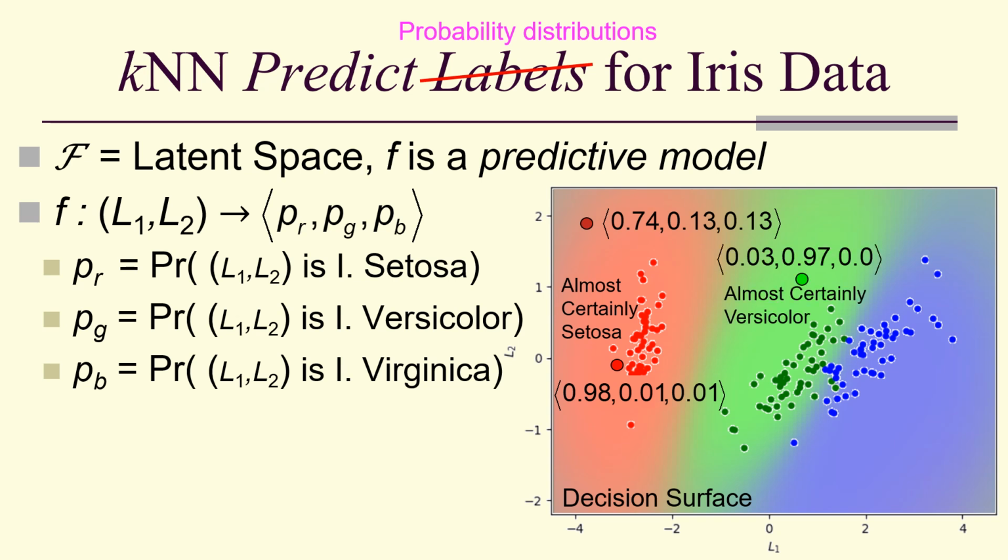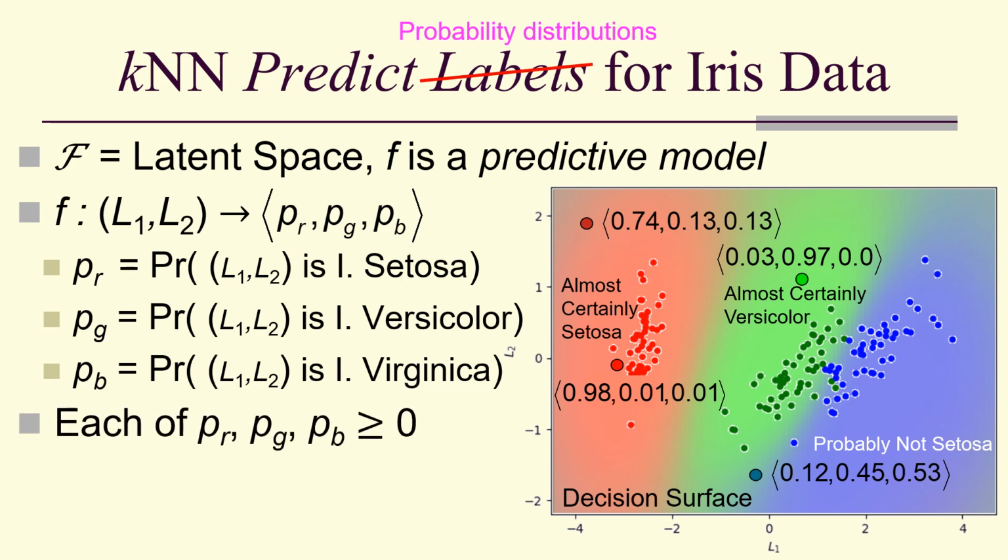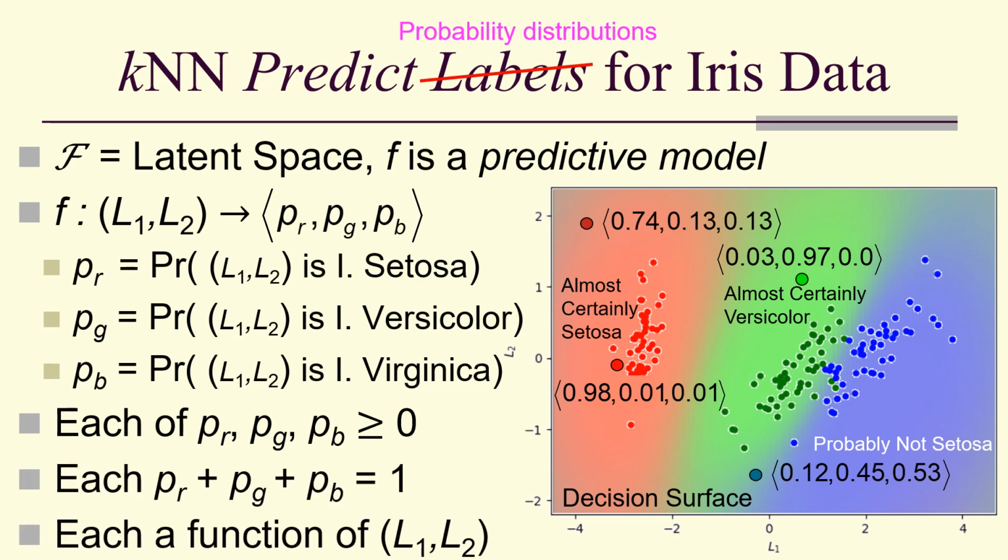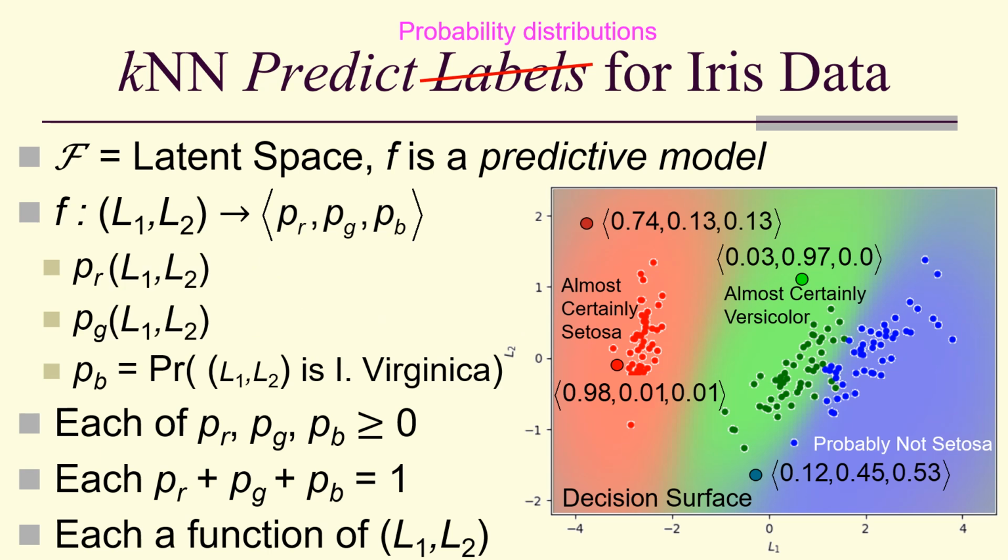This point in the green region is almost certainly versicolor, but on that place where the green and the blue kind of mix in, we're not sure. All we know, it's probably not setosa. Each of these numbers was greater than 0, and in each case the label summed to 1. And each is a function of L1 and L2, as you can see here.